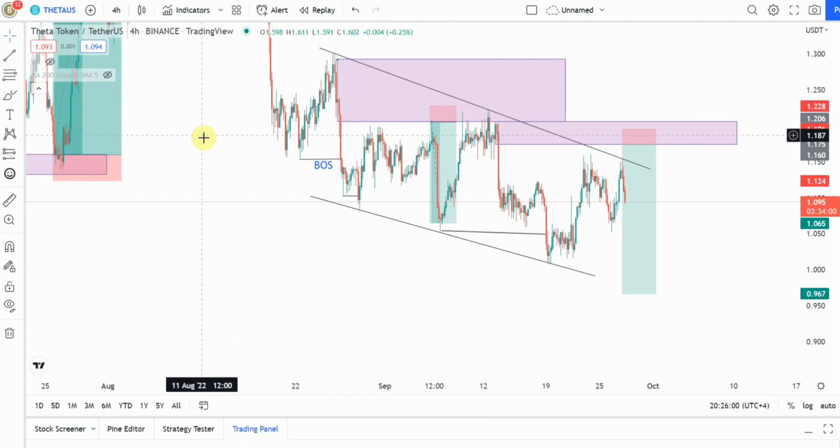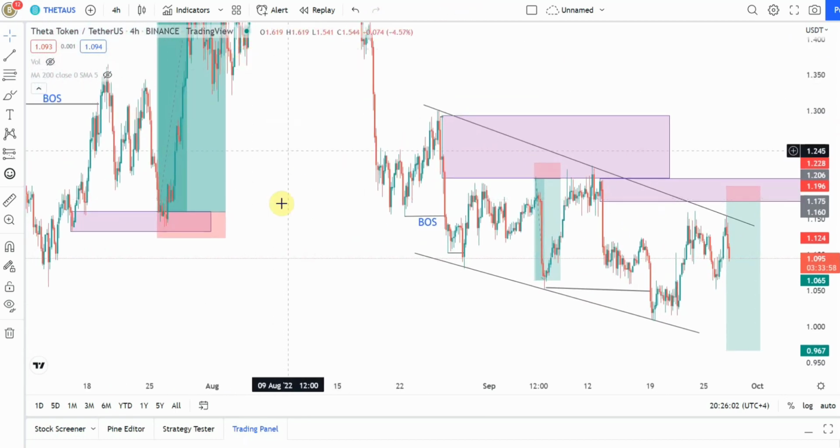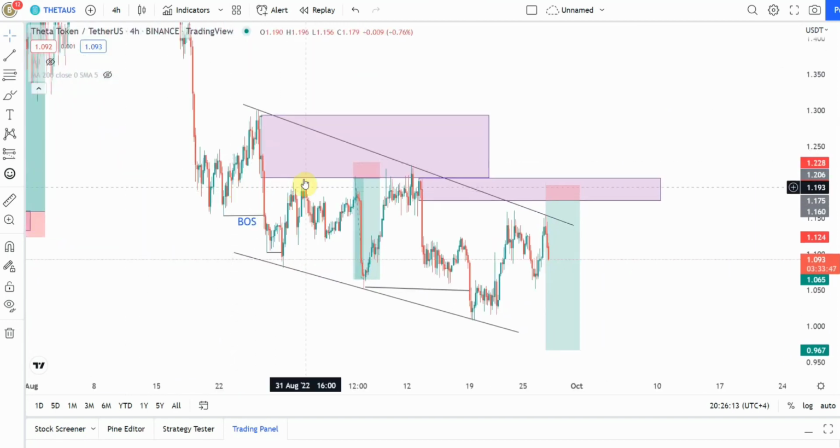So first of all, what you take out of this video, to determine an order block: if it is a bearish order block, the last bullish candle needs to take out liquidity and must be at imbalance. The order block must be at imbalance before it can be called a tradable order block.